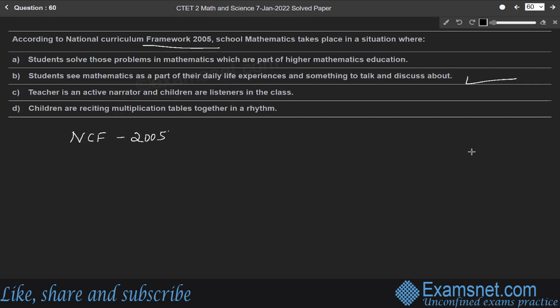Students are treated as the center of the class, and teaching and learning activities are developed according to their abilities. Students see mathematics as a part of their daily life experience, so students start using the concepts of mathematics they learned in the classroom in their daily life as well. So students enjoy solving different types of problems in different methods according to their understanding. Therefore, option B is the right answer.